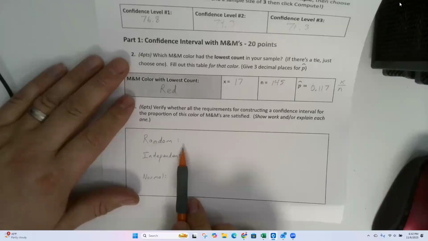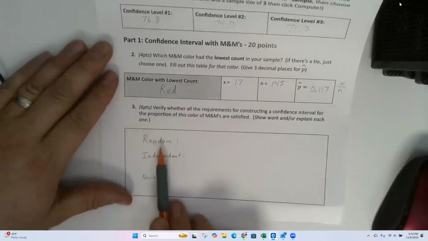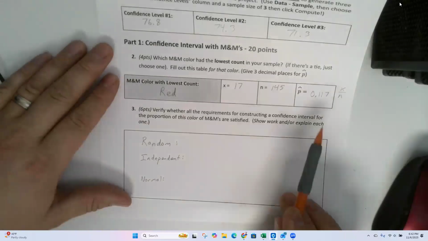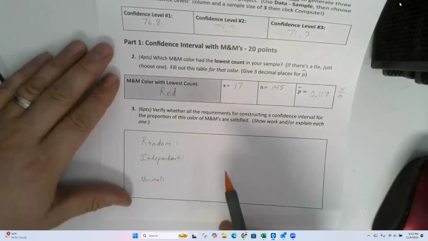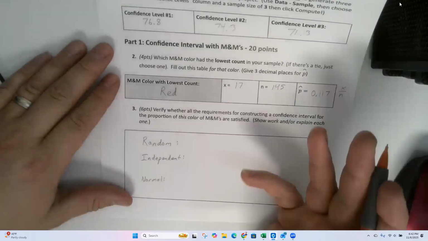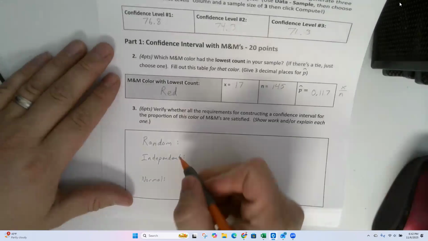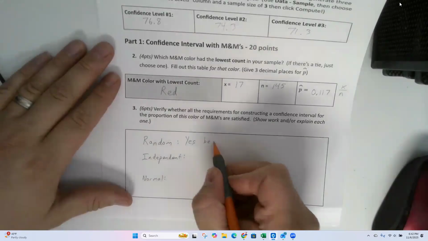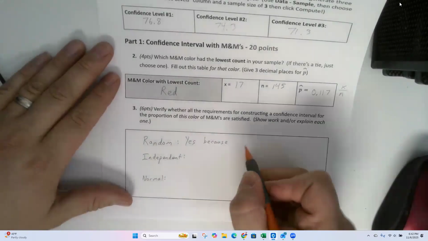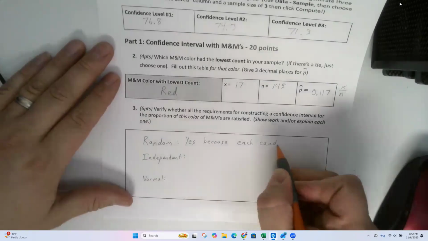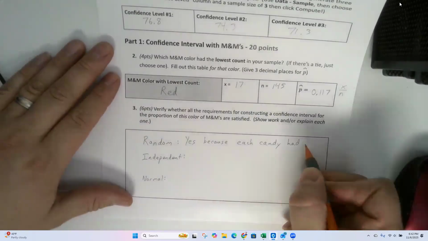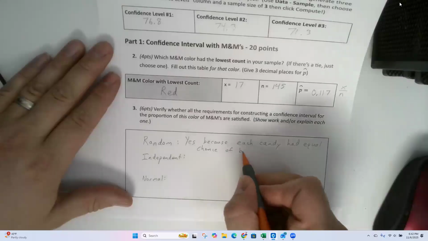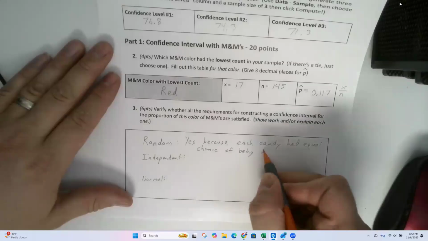Now, for random, I can't just say yes, given, because nowhere on here does it say that I did a random sample. How do we know that we did a random sample? The bag that we purchased was random because each M&M had an equal chance of being in my bag, in my sample.